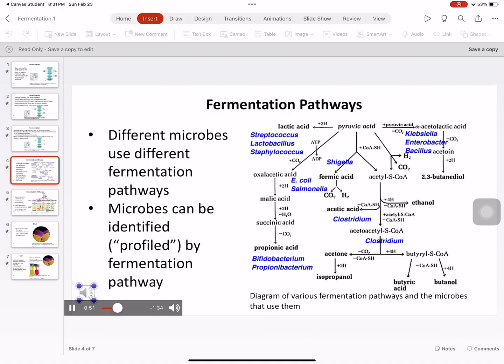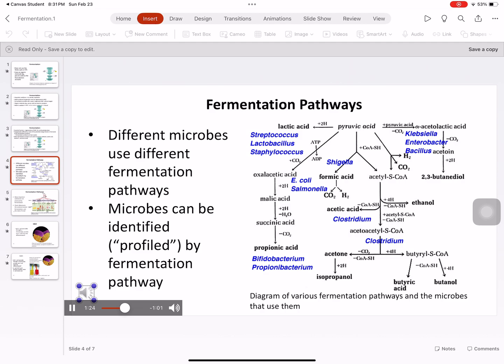It turns out that an organism cannot have every single metabolic pathway there is. We've seen that in that humans don't have anaerobic respiration because we don't have the components for it. So, for instance, lactic acid bacteria, such as Lactobacillus, would not be able to do the same fermentation that acetolactic bacteria would do.